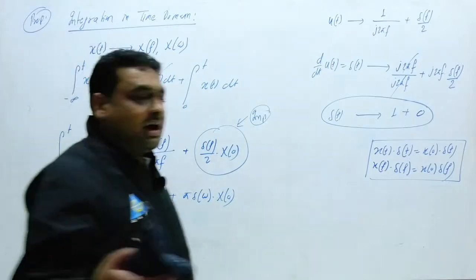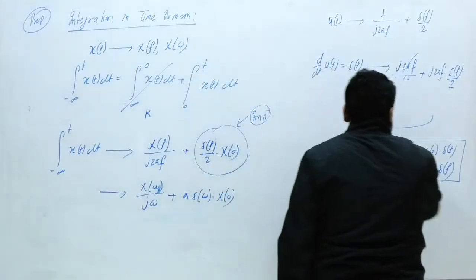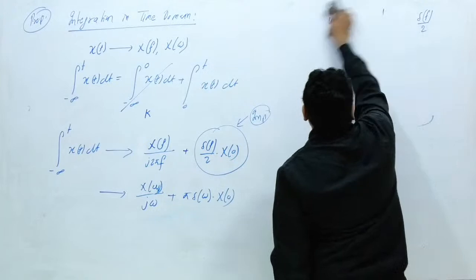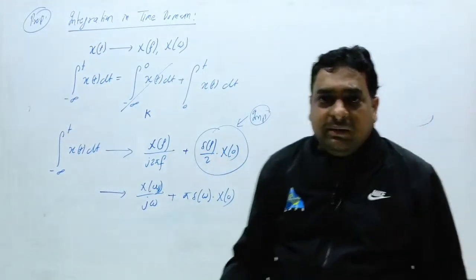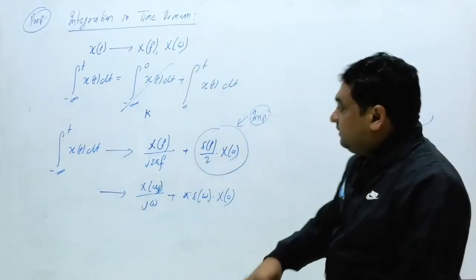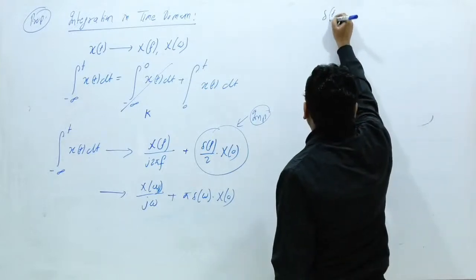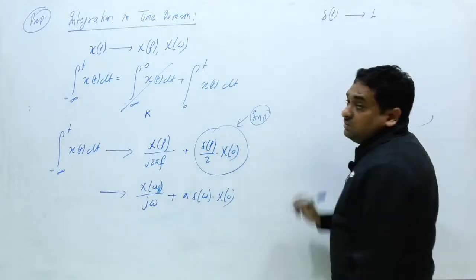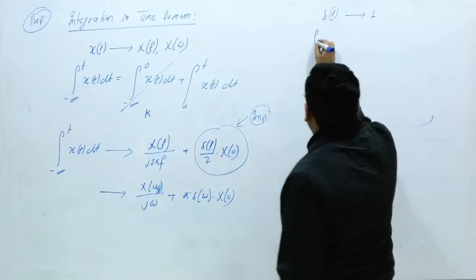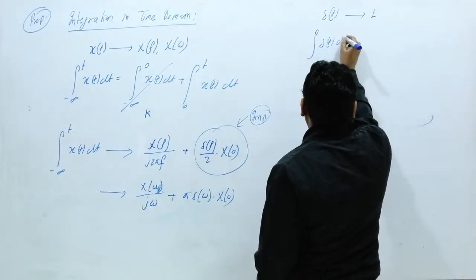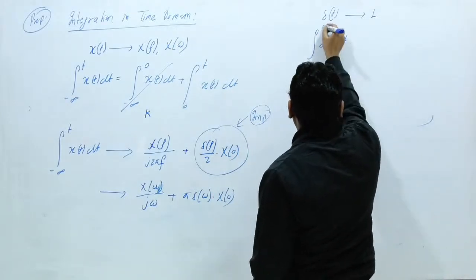Now again we have to check this. Already you know the Fourier transform of del t is 1. So what will be the integration of del t dt from minus infinity to t?